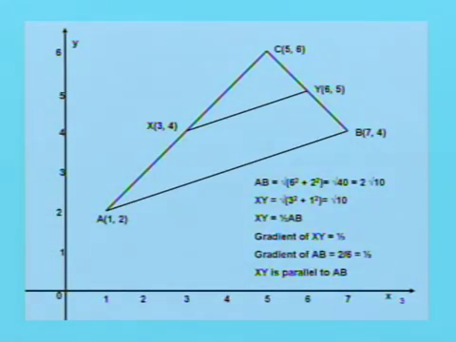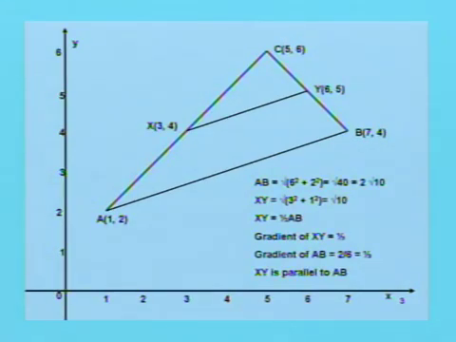From Y, drop a perpendicular to meet a horizontal line going through X. That will give us a right angle triangle. And when you apply Pythagoras' theorem, XY is equal to the square root of 3 squared plus 1 squared. When that is worked out, we have XY is equal to root 10 or square root 10.